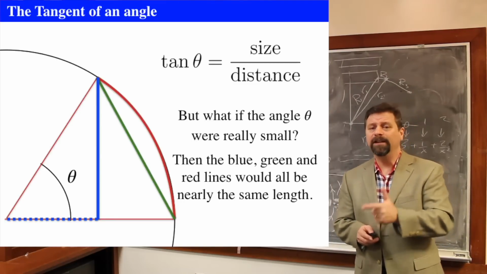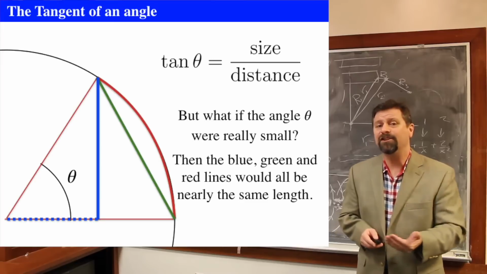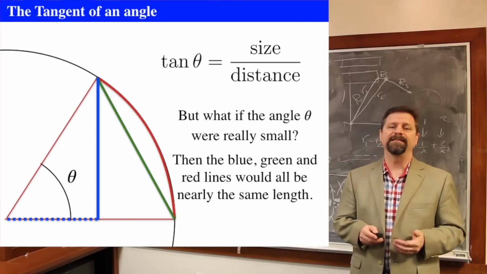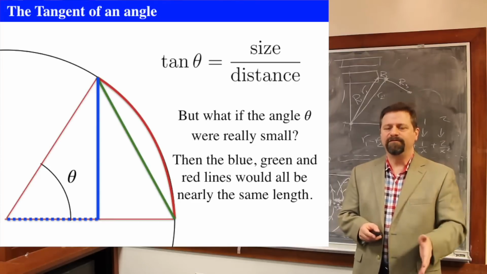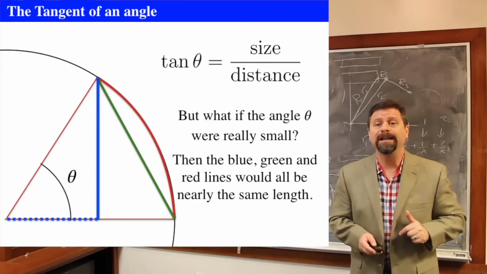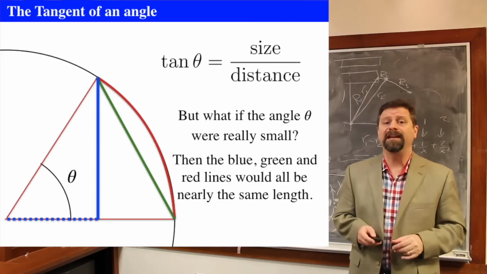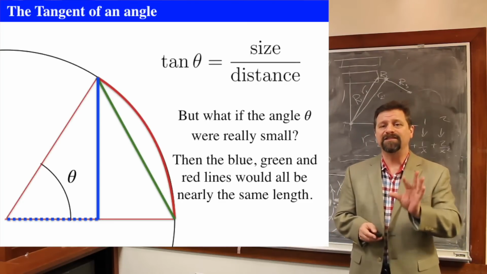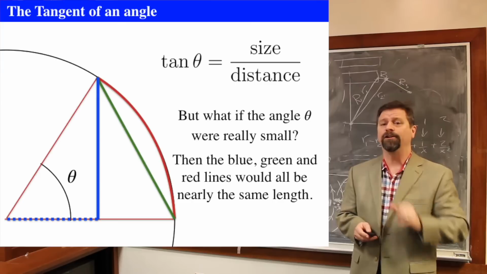And it also gets really close in size to the red chord going on the circle itself. So the blue vertical line, the green cut, and the red chord all get very close to each other's lengths as the angle theta gets smaller and smaller.